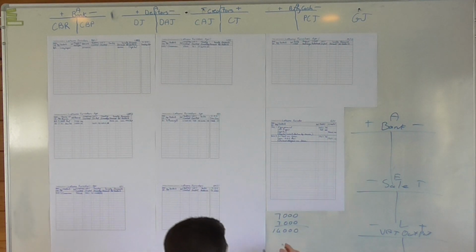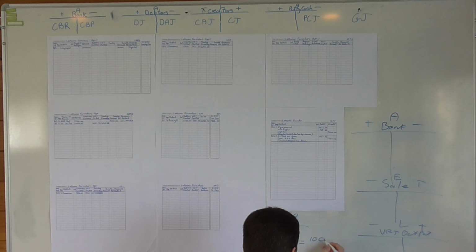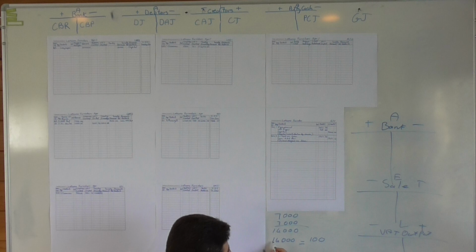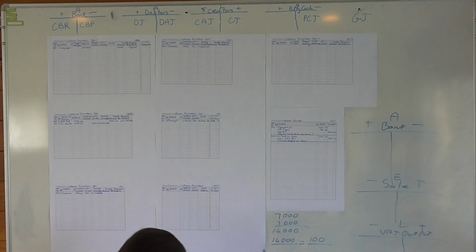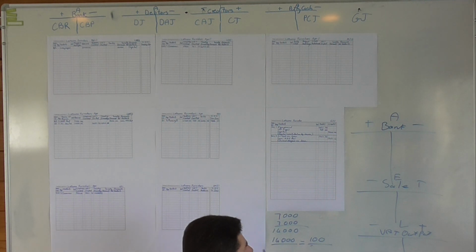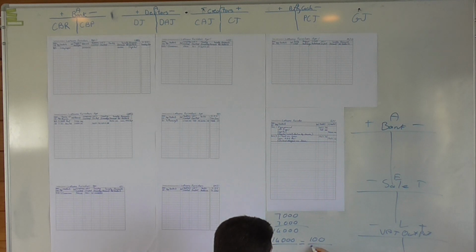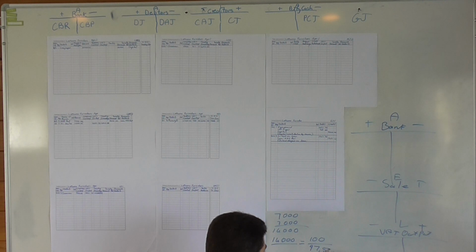So the 14,000 represents 100% of the price. So all you say is you write 14,000 equals 100. But she got a 2.5% trade discount. So in other words, it's 100 minus 2.5%. So we need to calculate 97.5% of the price. That's X.